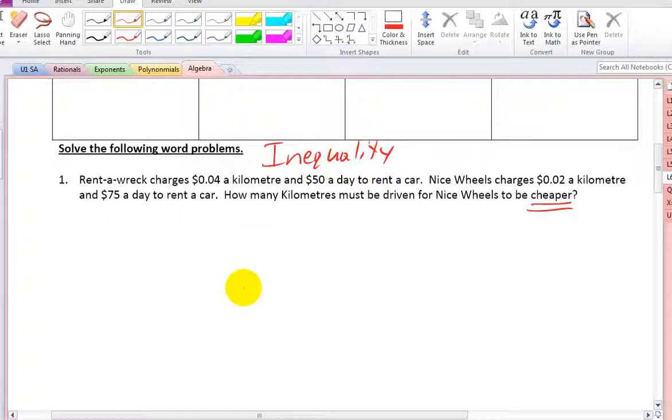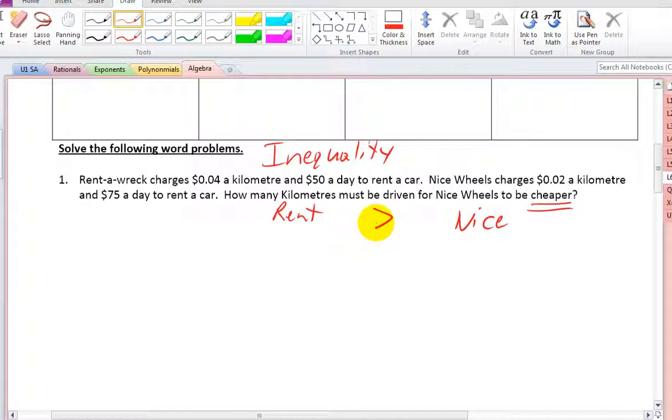Okay, so we have Rent-A-Wreck and Nice Wheels. When you start these things, have them on opposite sides. Now it says how many kilometers must be driven for Nice Wheels to be cheaper. So which one should the sign eat?